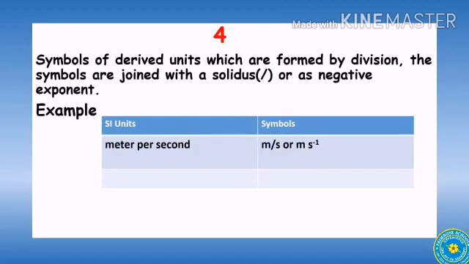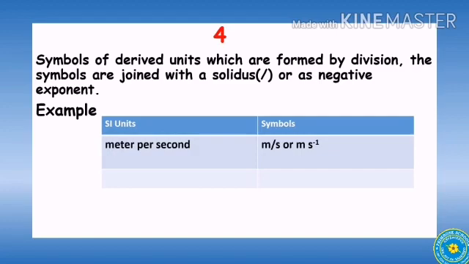Rule number 4. In case of derived units formed by division, the symbols are joined with a solidus, which is nothing but a slanting line, or a negative exponent. I'll explain with an example. Here, the unit meter per second is given. So meter per second means a meter divided by a second.